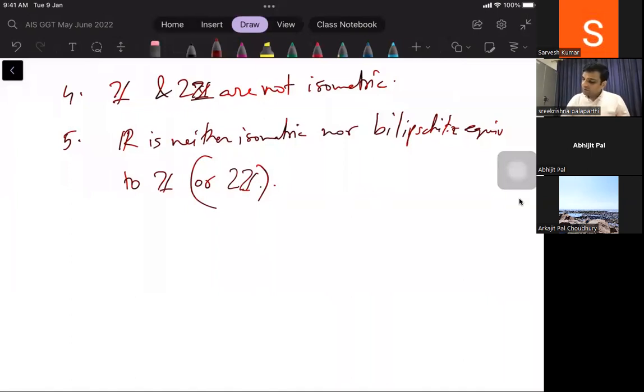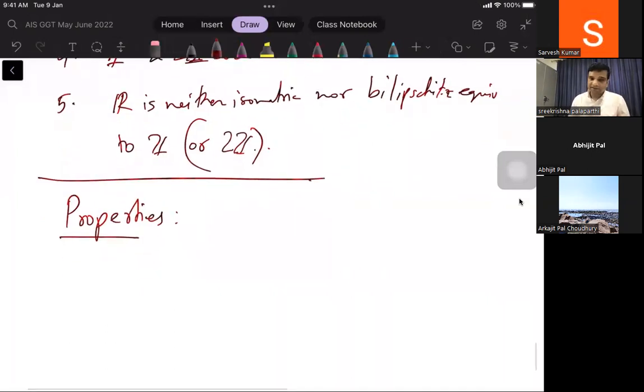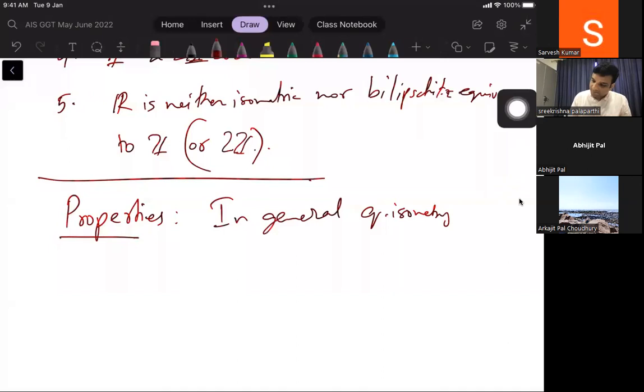Okay, so with that example, some properties of quasi-isometric embeddings are the following. So in general, a quasi-isometry is one, one, not injective or surjective.